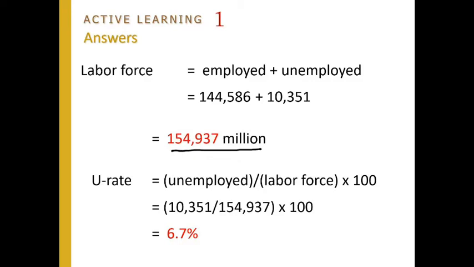It is the number of unemployed divided by the civilian labor force. We plug in these numbers. We have the number of unemployed and the number of people in the civilian labor force times 100. So the unemployment rate is 6.7%. This is the actual data from 2013.